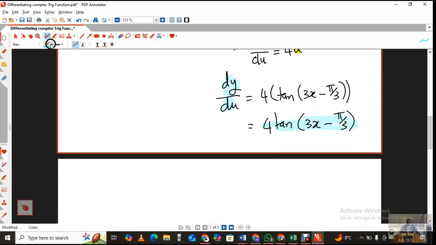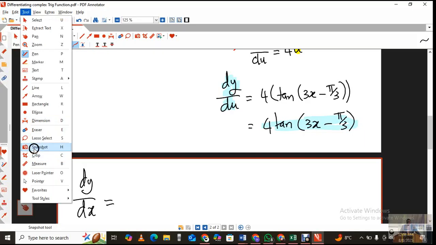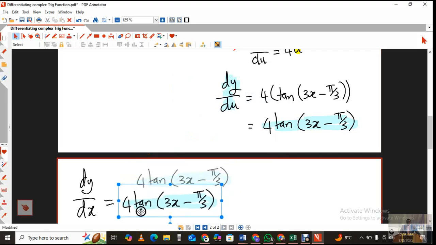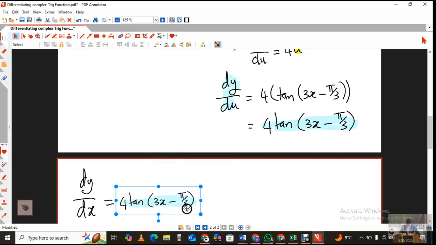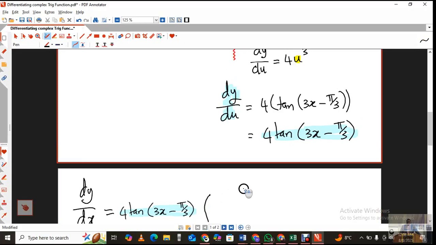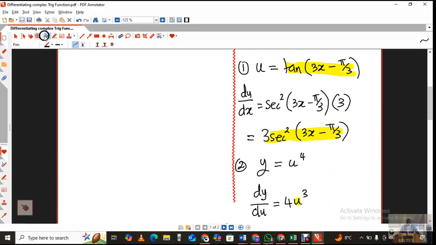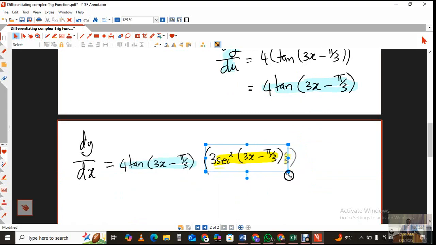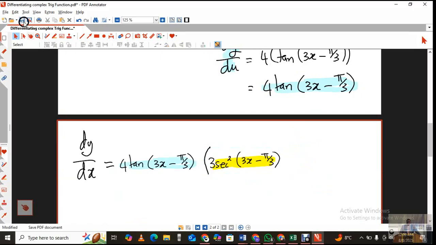So by the chain rule, dy/dx is going to be this, multiplied with this one over here.